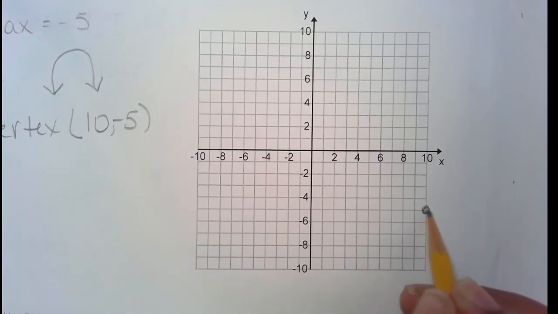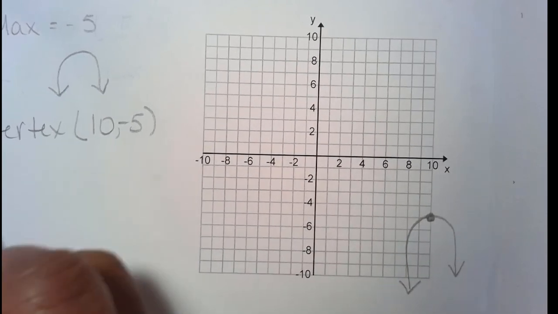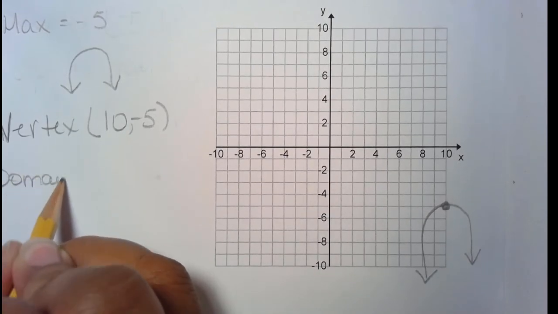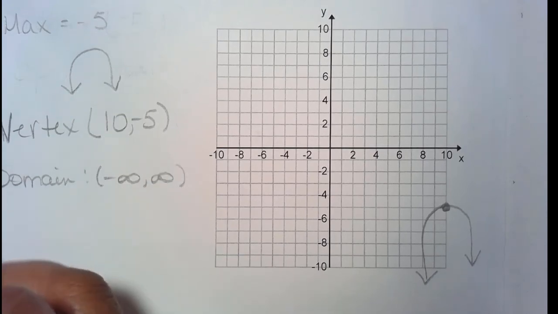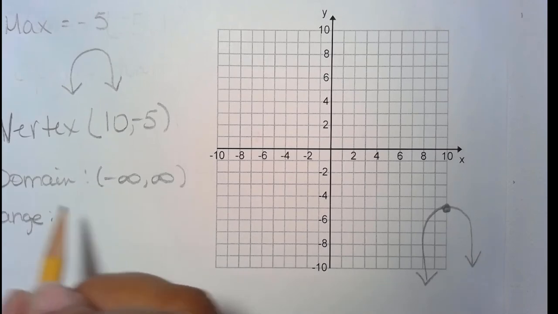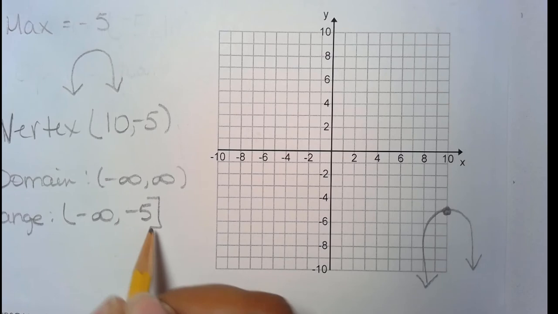Right here opens downward. What will be the domain and range? Our domain, negative infinity to positive infinity. Our range would be from negative infinity, comma, -5. There we go.